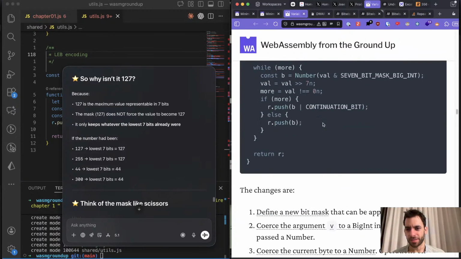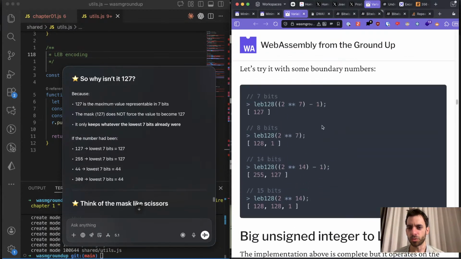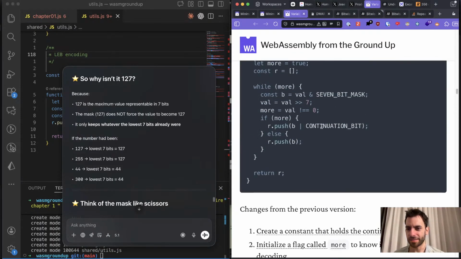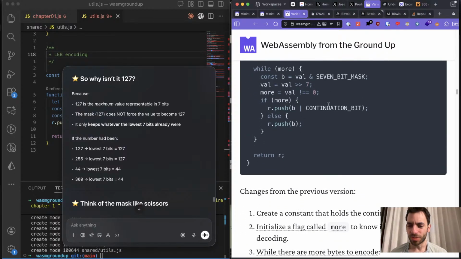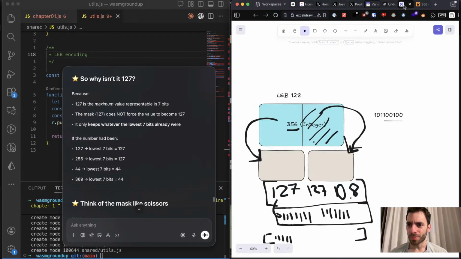There will be something in here that we will be able to read back if it has the flag, because what I'm trying to look for right now is whether the first bit mask actually contains the 128. So how LEB128 works from the ground up.